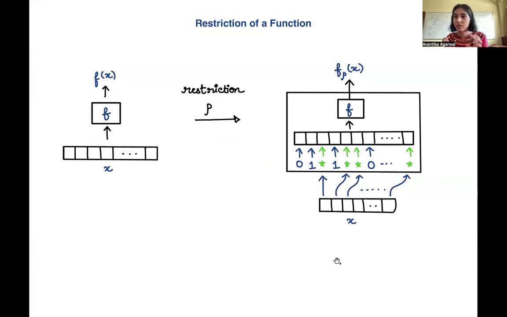So it takes a smaller input x, which is then input into the unrestricted variables of the original function f. Now this original function f is evaluated on this larger input, and the output of this original function f on the larger input is how we evaluate a restricted function. So that's how we get f sub rho of x.